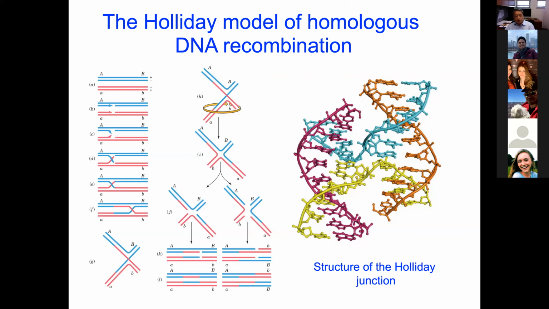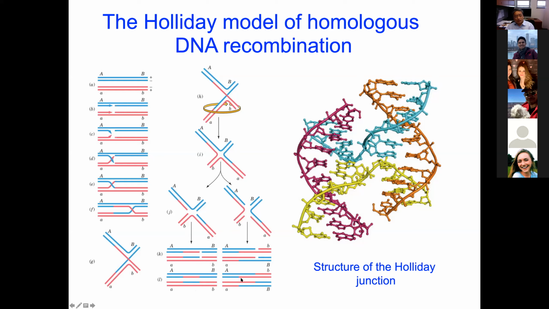And so eventually this 4-way junction has to be resolved by a set of enzymes in the cells, and depending on how they get resolved, you see the possibility you end up with some copies of the DNA which look similar to the original, but others you see the exchange between the blue double strand and the red double strand.